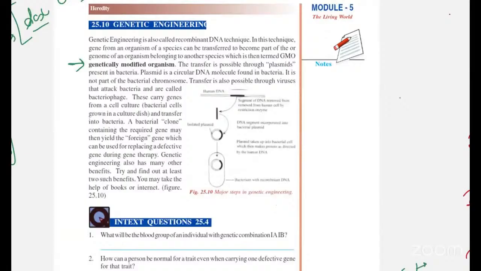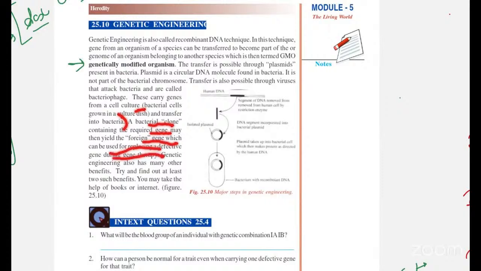So the transfer is possible through plasmid present in bacteria. Plasmid is a circular DNA. It's not part of a bacterial chromosome. They carry genes from a cell culture, like bacterial cells, and transfer into the bacteria. And the bacterial clone containing the required gene may yield the foreign gene, which is used for replacing the defective gene during gene therapy.